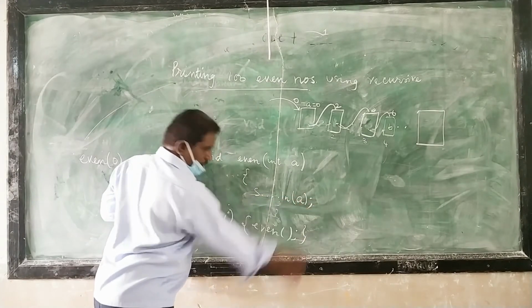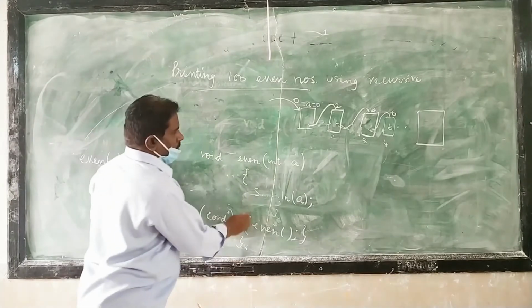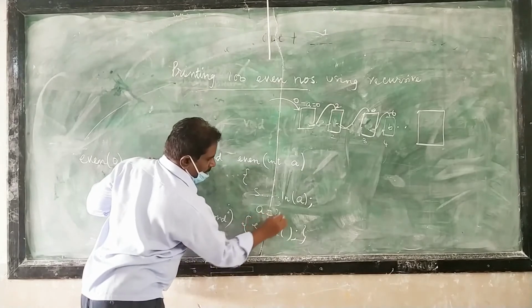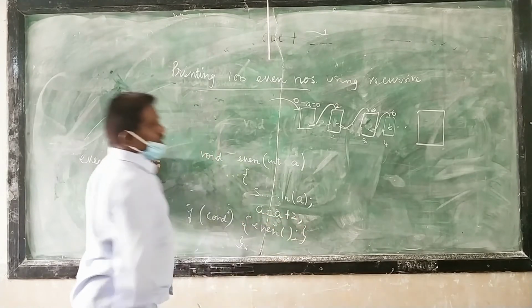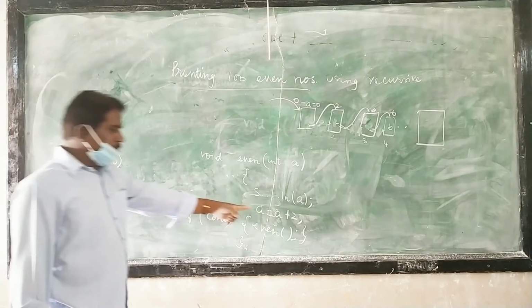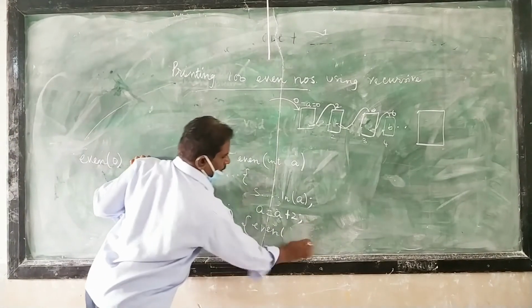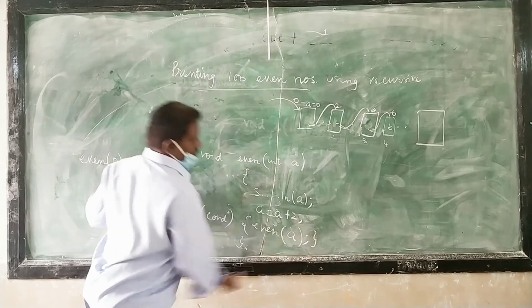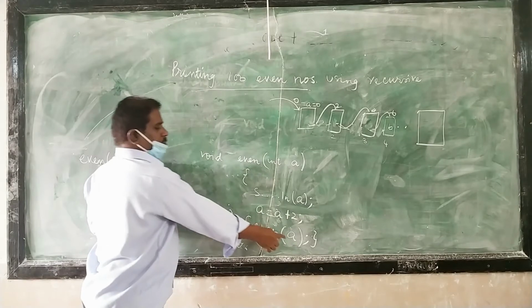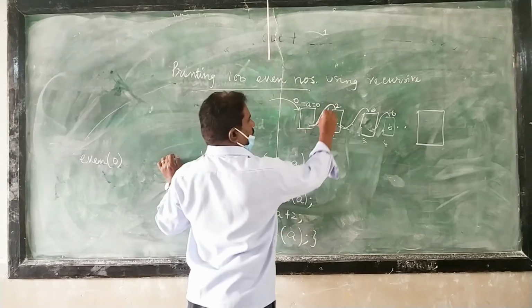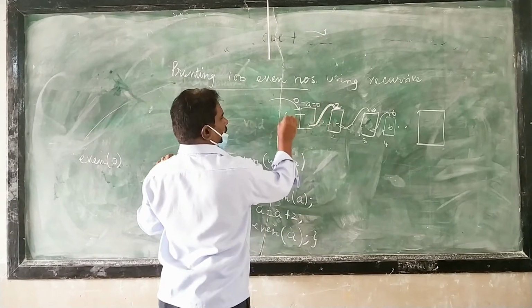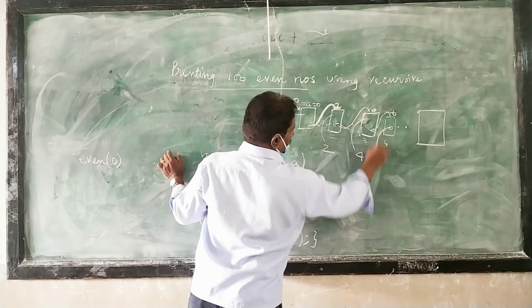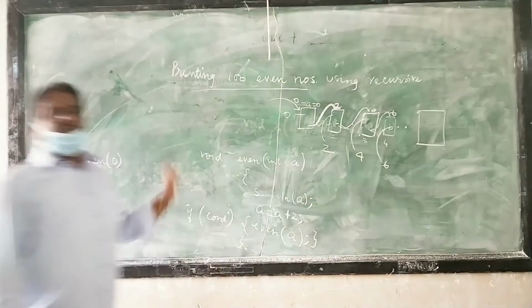That number I have to print, and from 0 I have to generate the next number: a = a + 2. Now it will become 2. That 2 I will pass here as a. So next time 2 will go. So 0 will be printed here, 2 here, 4 here, 6 here, and so on.